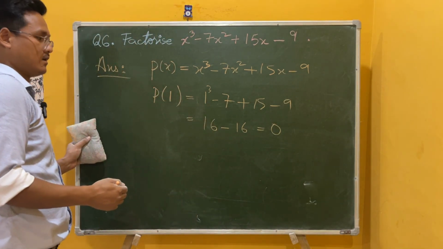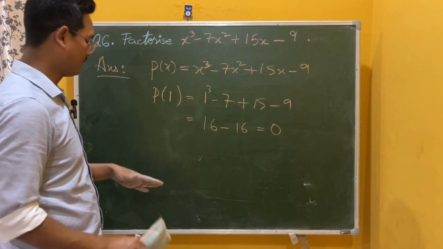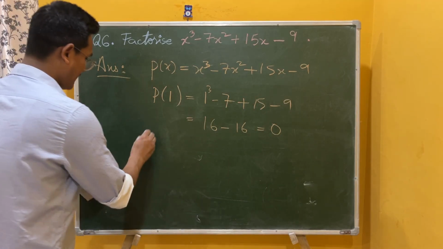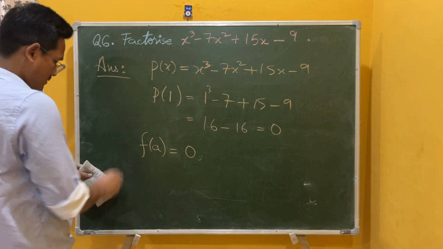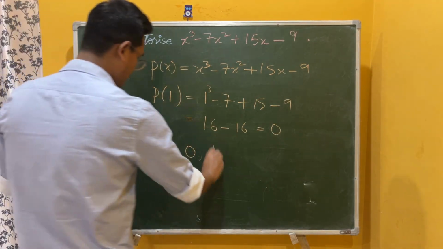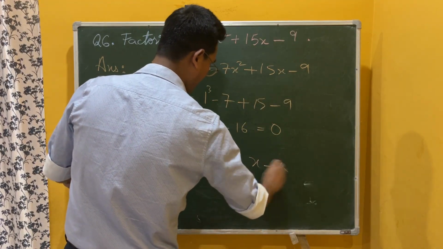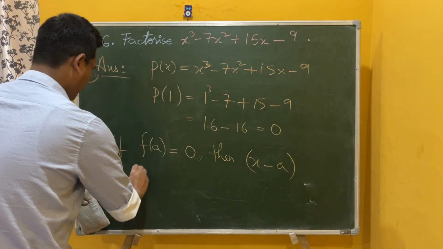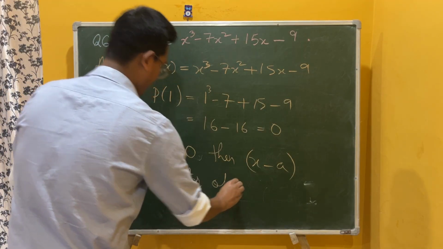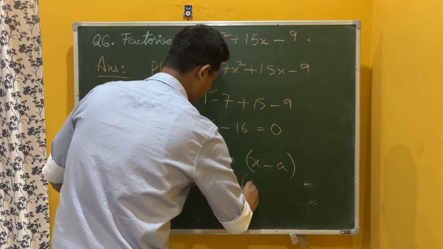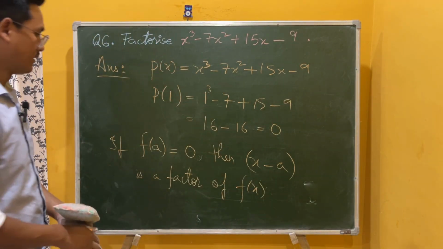Oh. So from the remainder factor theorem, especially from the factor theorem, if f of a equals 0, then what? Then x minus a is a factor of f of x. The same thing.